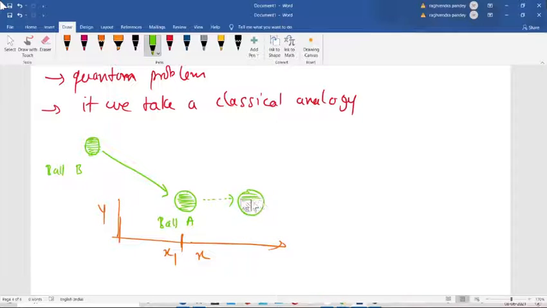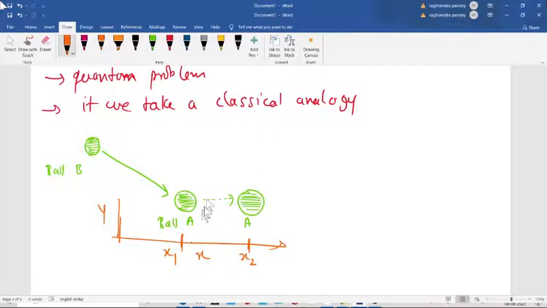Suppose it changes position and comes and stops here at the position x2. So ball A changes its position after ball B strikes. It absorbs its energy and gets slightly displaced.